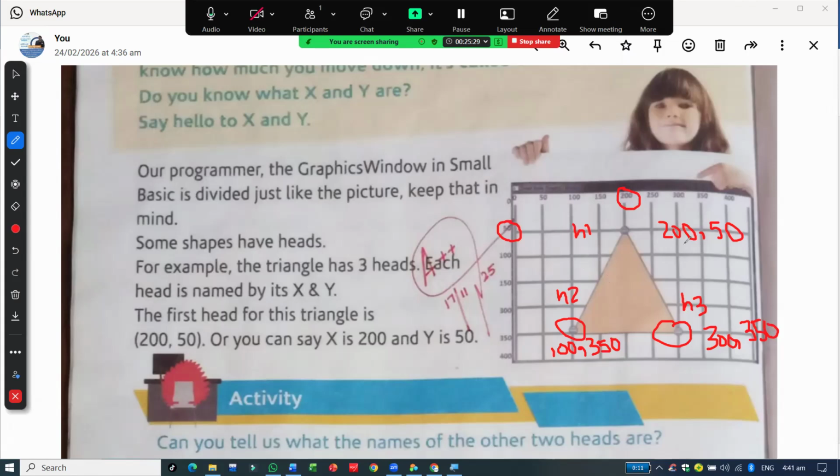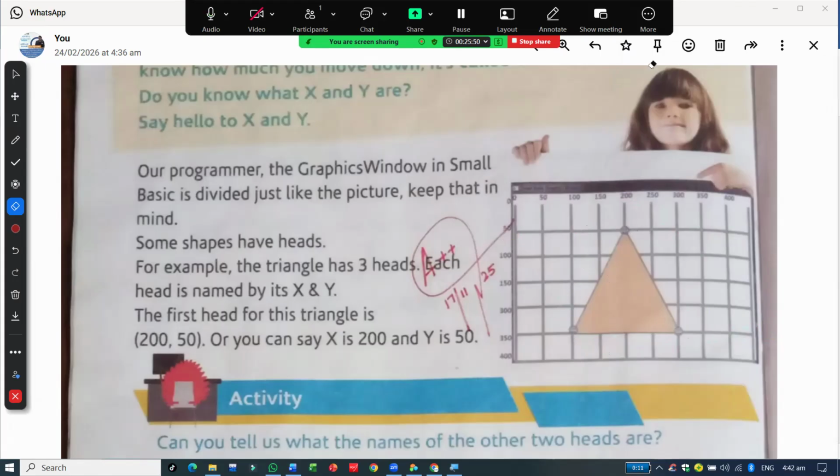We just check how many heads we have, then we check the locations and you can see the values of the x-axis and y-axis. Exactly the same procedure you will use to draw the shape, moving and also drawing shapes, triangle, rectangle as well.